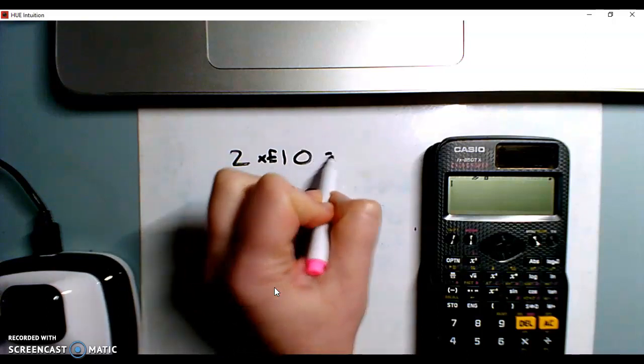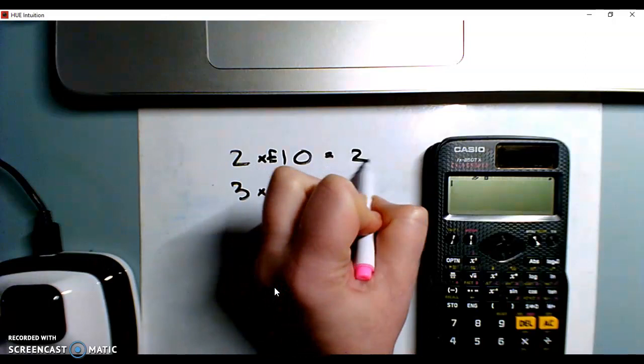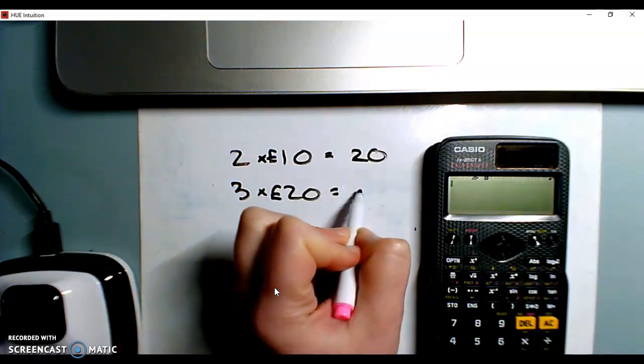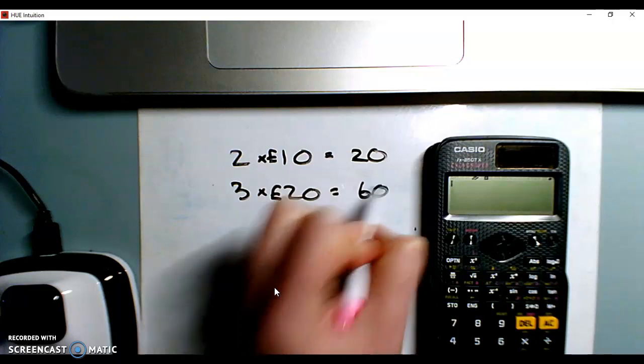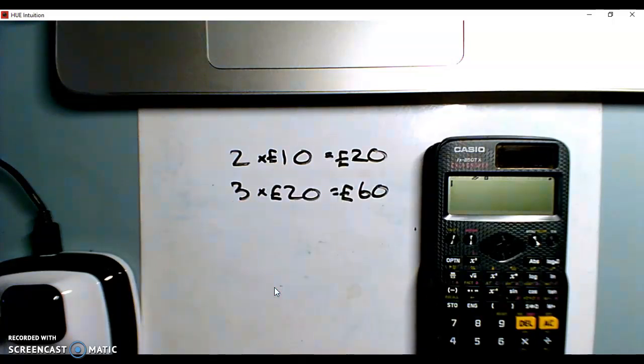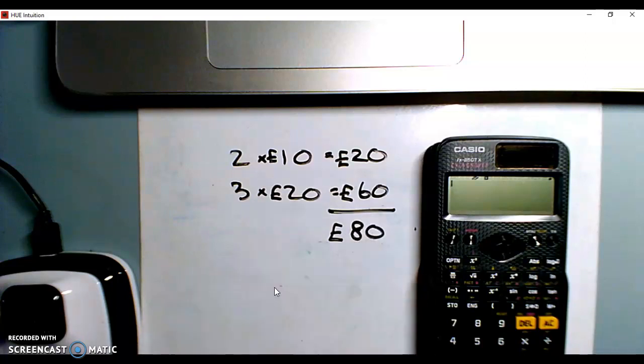So we have to figure out how much this is in total. So 2 times 10 is 20. 3 times 20 is going to be 60. Again, if you want to use your calculator, you can use that to double check. So how much money am I going to have in total? Well, I'm going to have 80 pounds when I add this together.